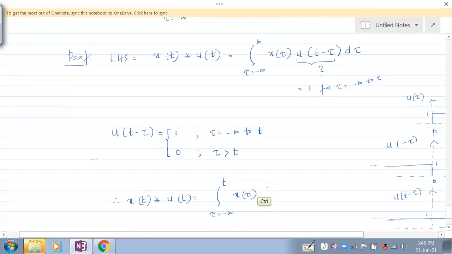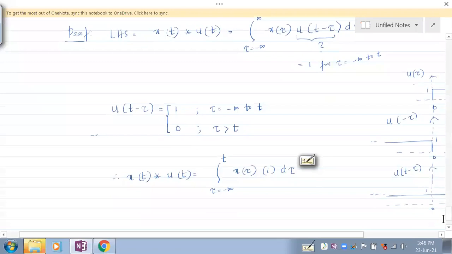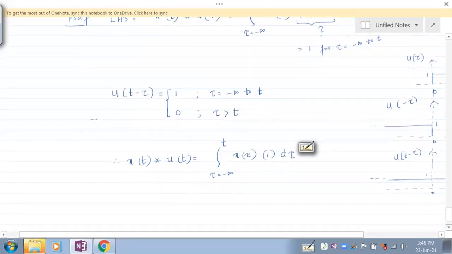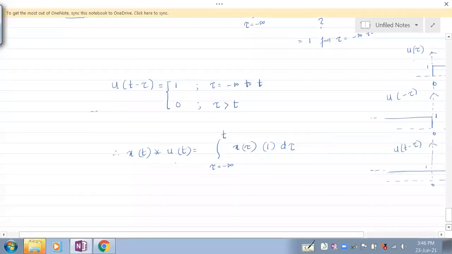So that's why they write 1 here, and this is d tau. That is what they have asked us to prove. So it is the integral of tau from minus infinity to t of x of tau d tau. So this is your RHS.